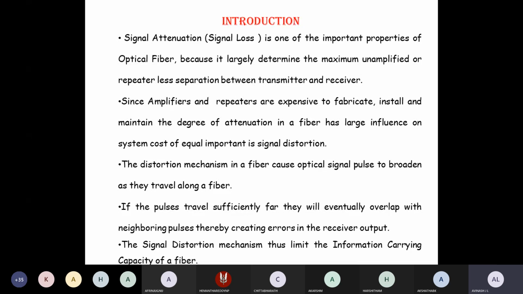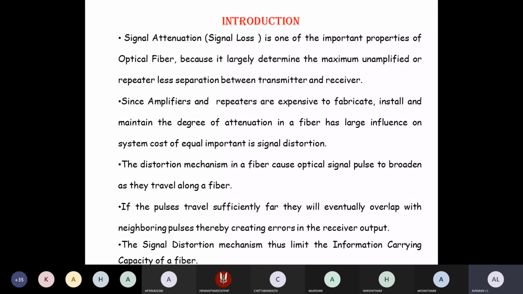That is why distortion is a mechanism in a fiber which causes optical signal pulse to broaden as they travel along the fiber. So now if the pulse travels sufficiently far, they will eventually overlap with the neighboring pulses, thereby creating errors in the receiver output. This is also one of the things which will happen. Why?